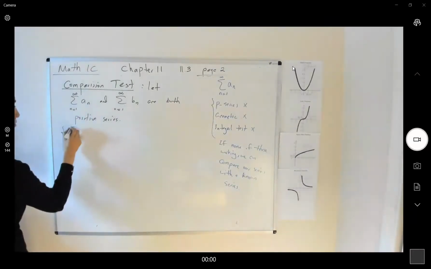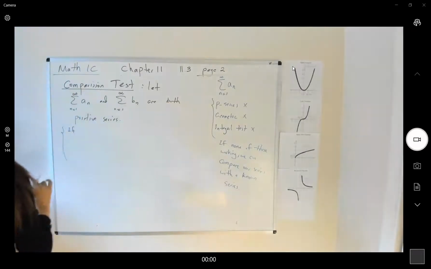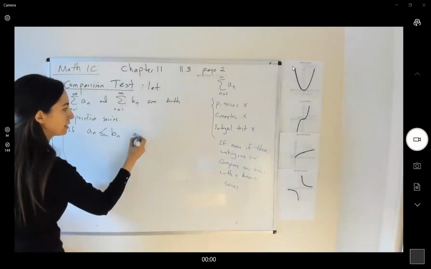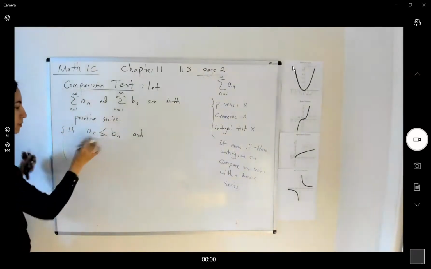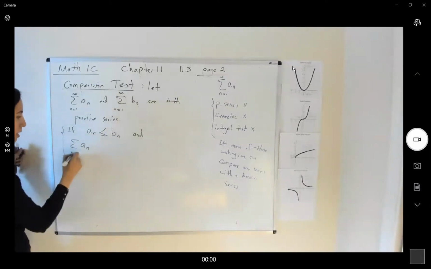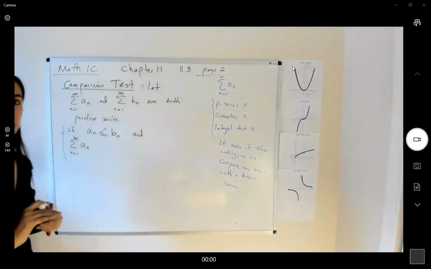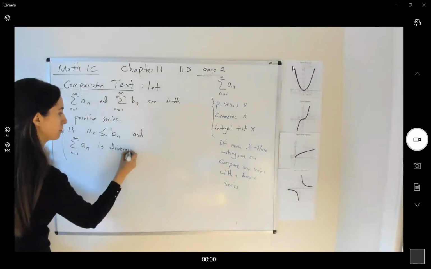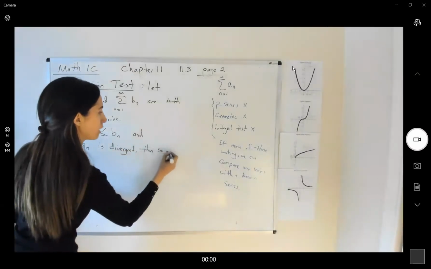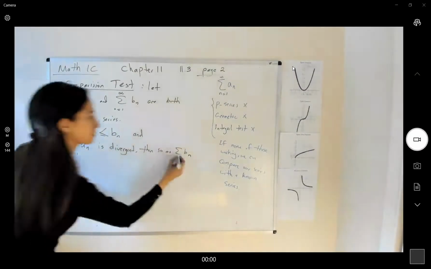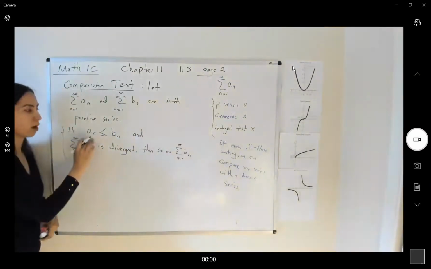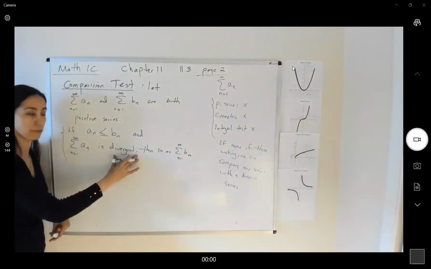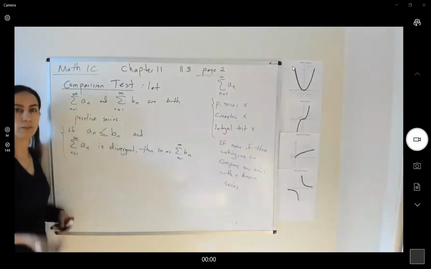If you have this condition, if a_n is less than or equal to b_n, and series A sub n starts from 1 to infinity is a divergent series, then so is series B sub n. So if the smaller term gives you a smaller series that is divergent, then the bigger series is divergent as well.